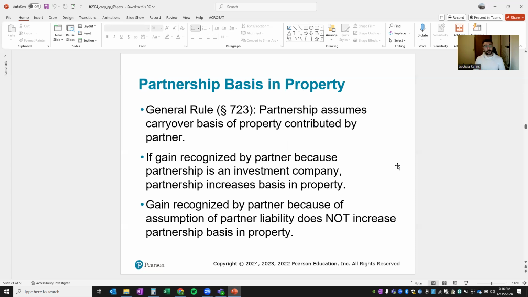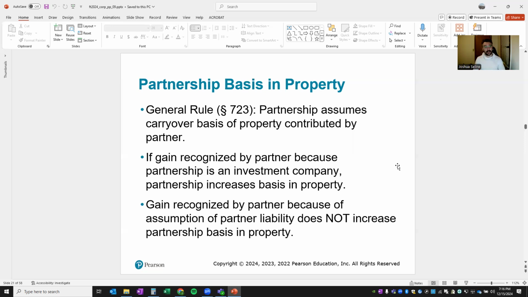Partnership basis in property, general rule, section 723, again the 700 section: the partnership assumes carryover basis of property contributed by the partner. If gain is recognized by the partner because the partnership is an investment company, the partnership increases the basis of the property. This is similar to section 351, in examples where the shareholder had to recognize gain because they didn't meet the 80% control requirement, and that added to their basis.